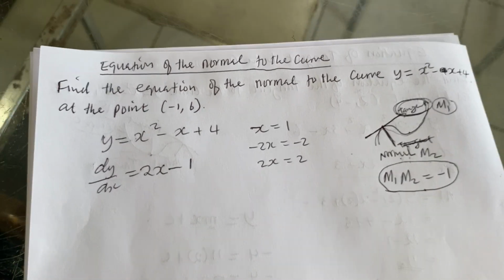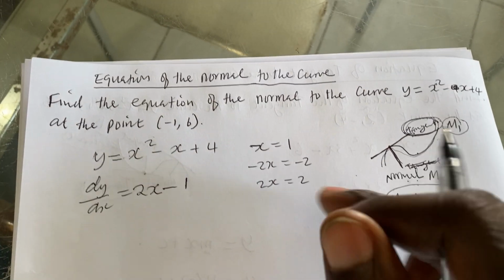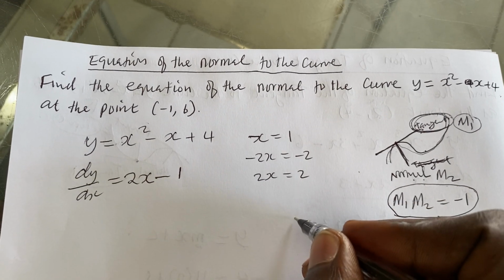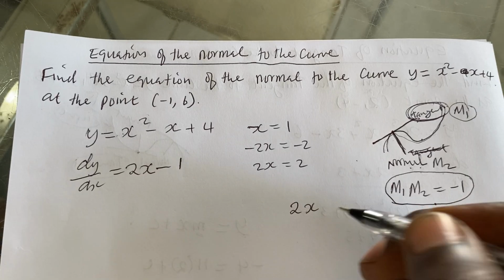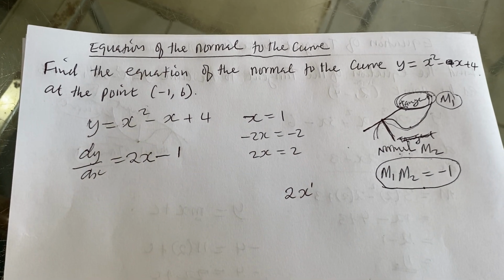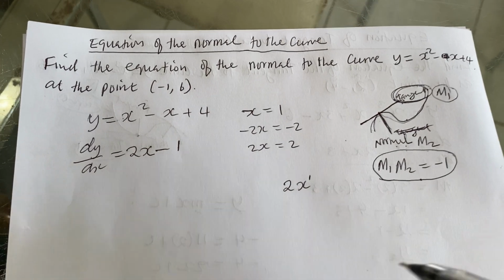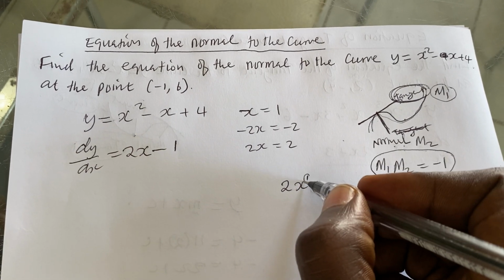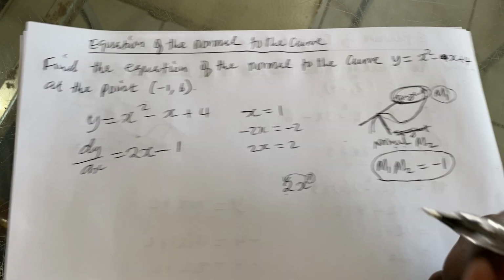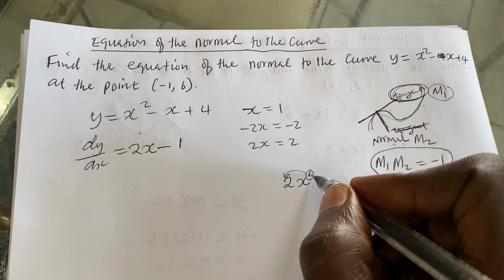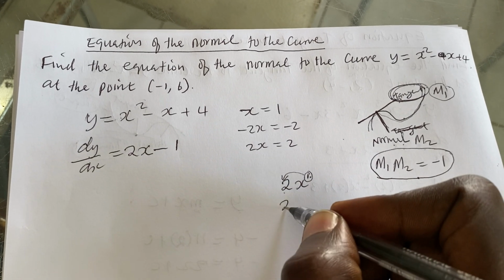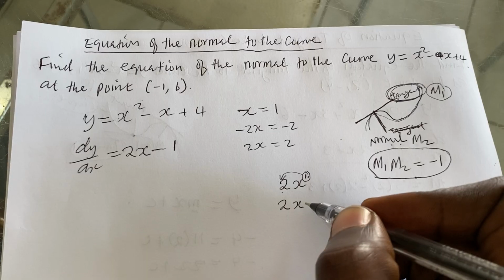Maybe I can also help you see how we get these values. If you have 2x, this is the same as 2x to the power 1. Finding the dy/dx, we get the power, drop it, multiply by the coefficient, then take away 1 from that power. So 1 multiplied by 2 gives 2x.